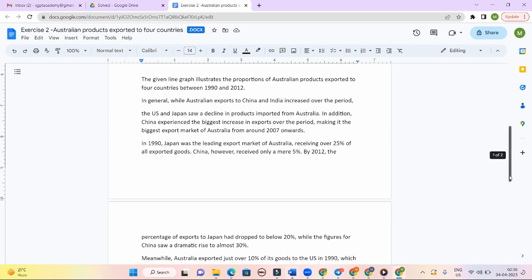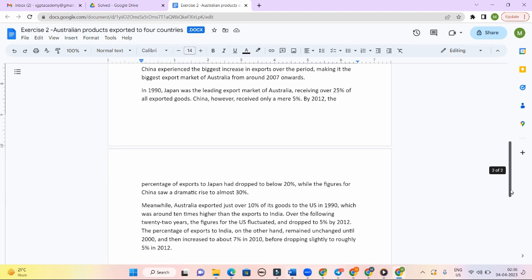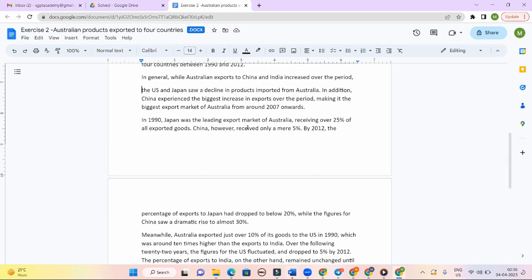Comparative comparisons can be done, as the comparison has been done between China and Japan, and then Australia's exports to US and India. So you can write your report in a comparative way also. I hope you have understood this, and let's see the remaining ones.